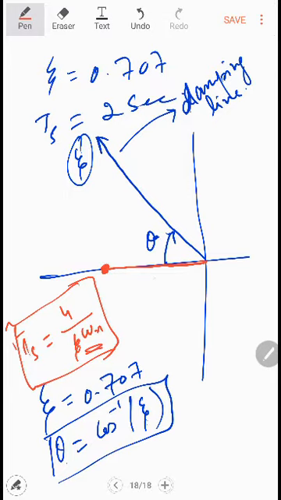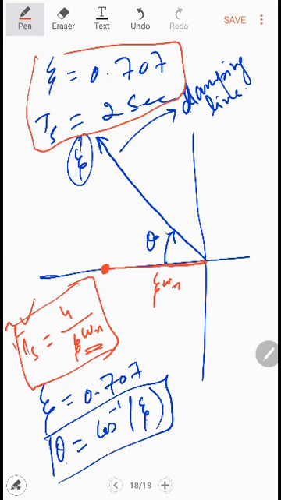This is the value of zeta omega n, and it can be found from Ts, because this is the user specification. So we can manipulate this and get the desired performance specification.